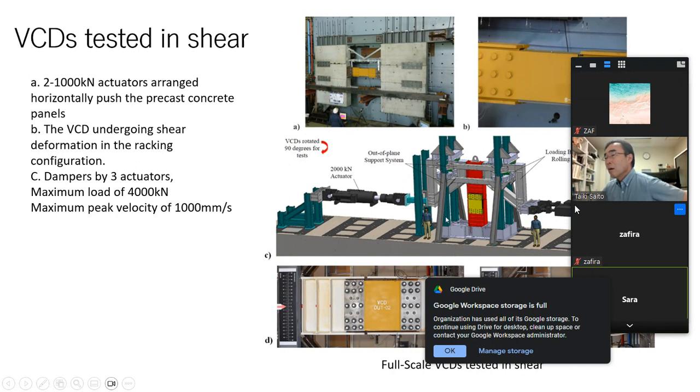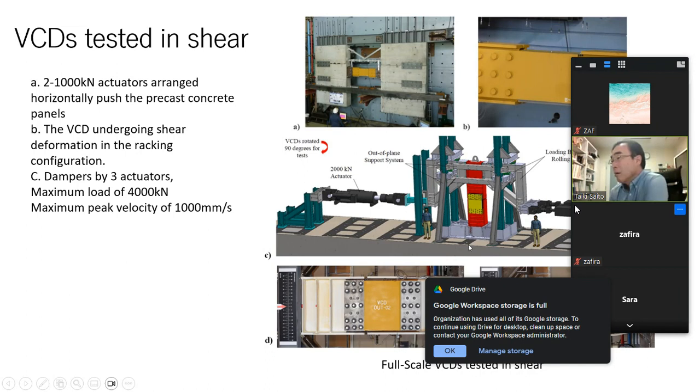From this picture, we can see the 2,000 kilonewton actuator on the left side, and the double 1,000 kilonewton actuators on the right side pushing the viscoelastic dampers.